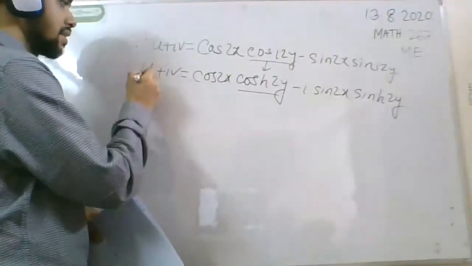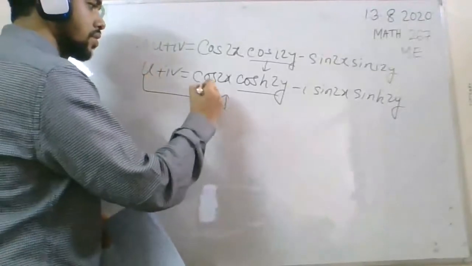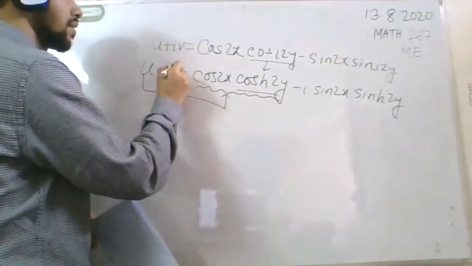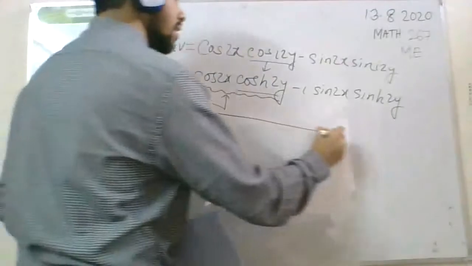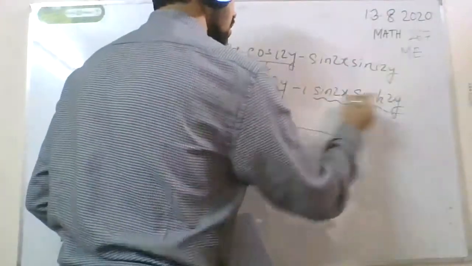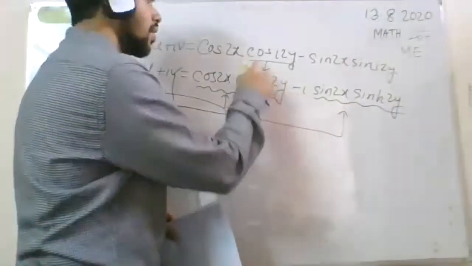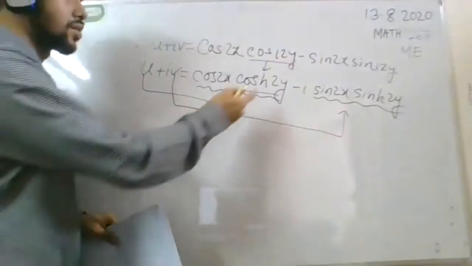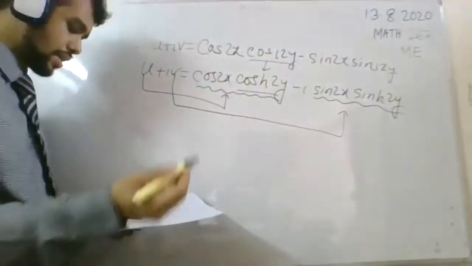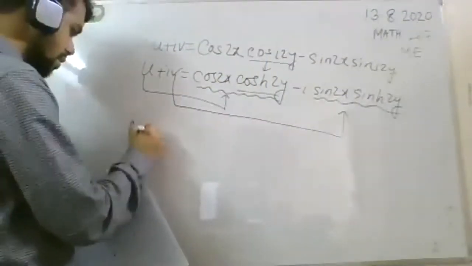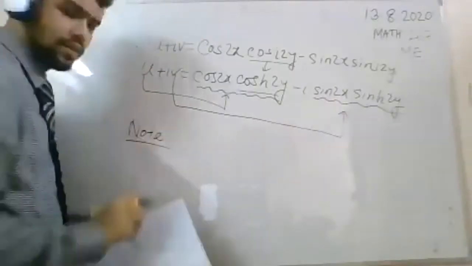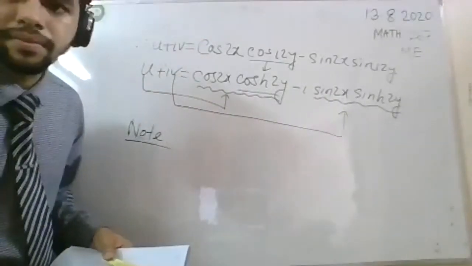Here you can easily see that u is equal to this, and v is minus f. So how can I get this? Because cos i2y is equal to cos hyperbolic 2y. So let me consider the proof.